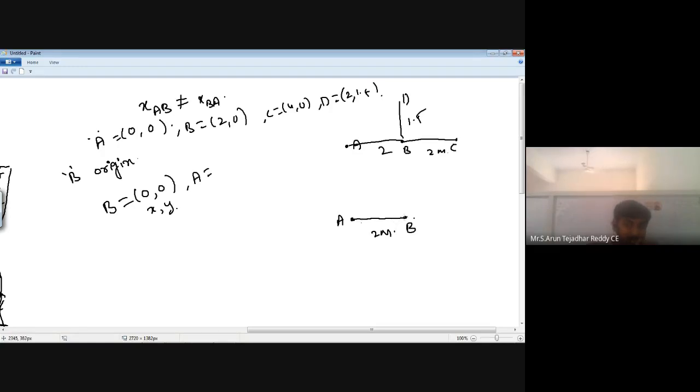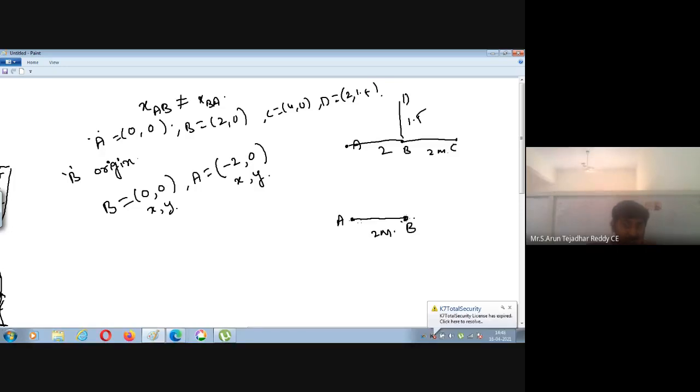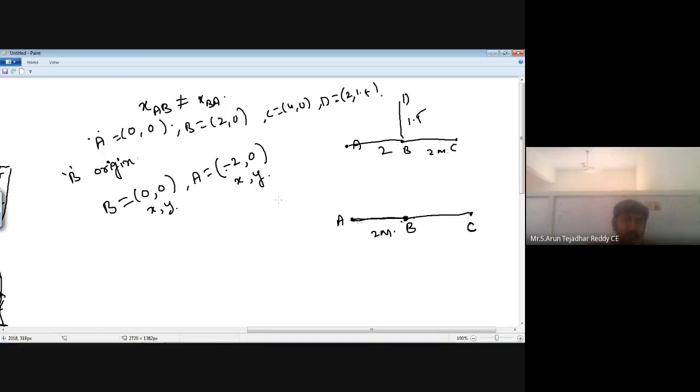Because B is the origin, we are considering the left side in the x direction, and we don't have any y direction. So here we can write A as minus 2, 0, x, y, minus 2, 0. Why? Because our origin is B and we are considering the left side, so take a minus value, and C is always positive.